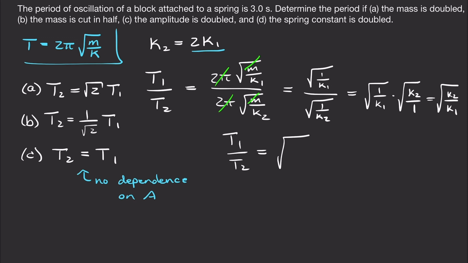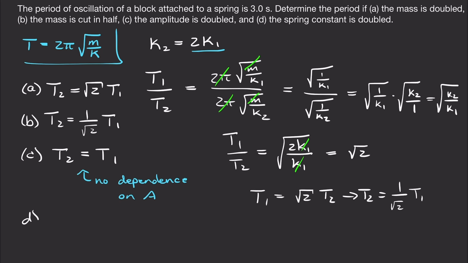So 2 times K1 over K1, so my K1s will cancel, and I get square root of 2. So T1 is square root of 2 times T2, or T2 is 1 over square root of 2 times T1.